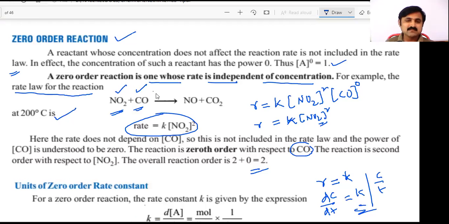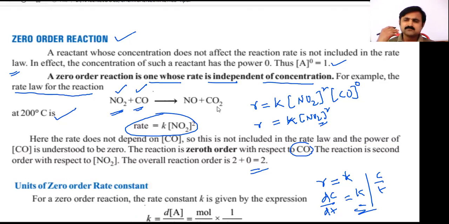Zero order reaction definition with examples, and not only this one, there are so many zero order reaction examples, that is decomposition of ammonia, decomposition of hydrogen iodide in the presence of platinum, gold surface areas and all you can consider, and those various examples we will list out in the mapping cases. So an important list of equations, that list we will give.